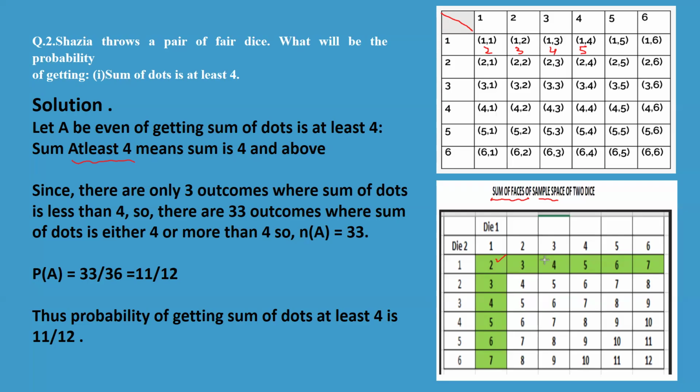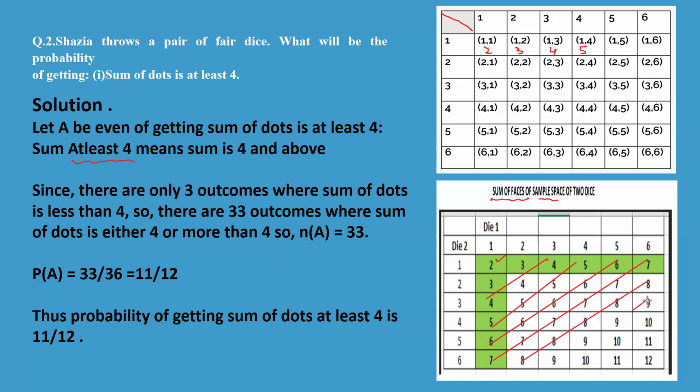If I draw the diagonal positions, you will see these four numbers, then the sum is more than 4, that is 5, then the sum is 6.